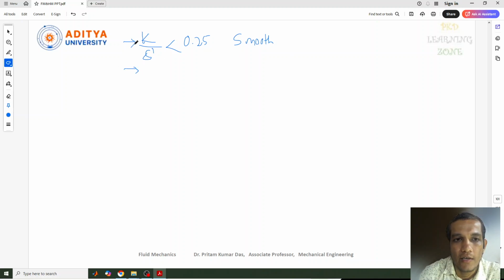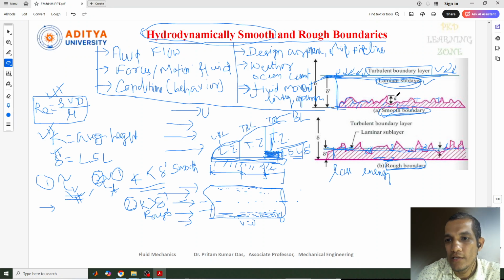You can remember this K by delta star. This is the K value and this is the delta star value.